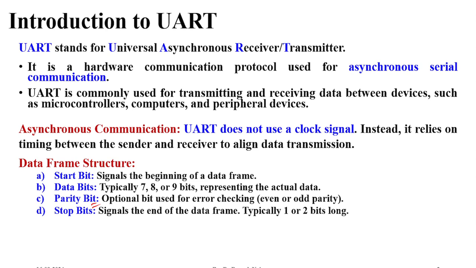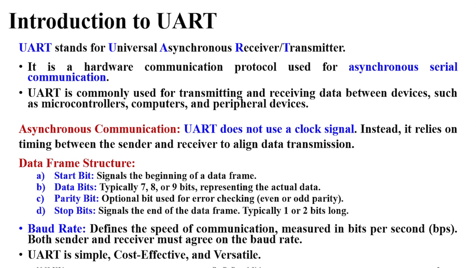This is an optional bit used for error detection, and it can be an even or odd parity system. In the last, we can have stop bits, which will be 1 or 2 bits long depending on the user's configuration.